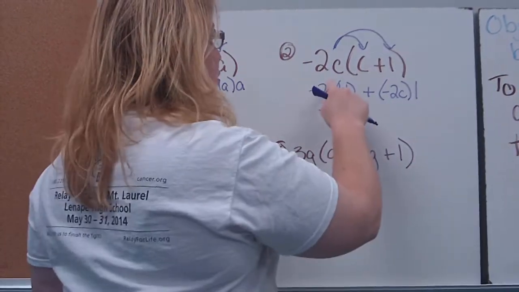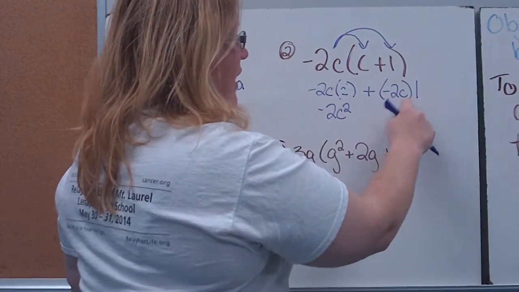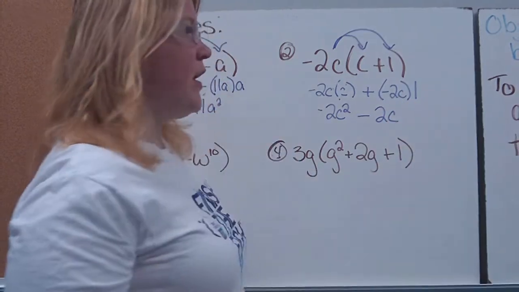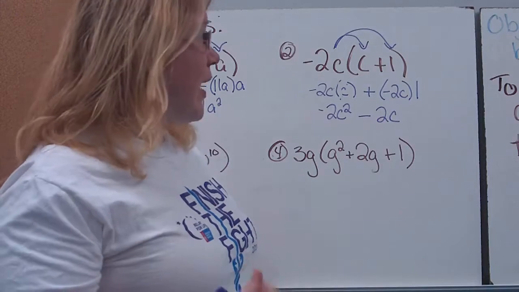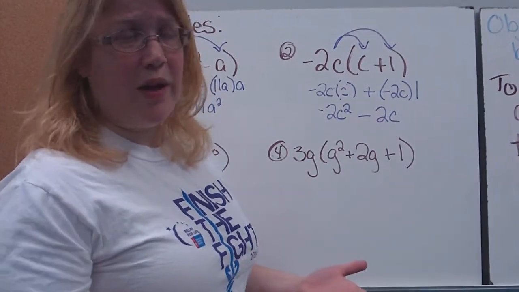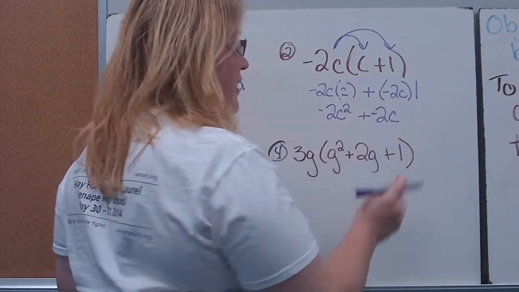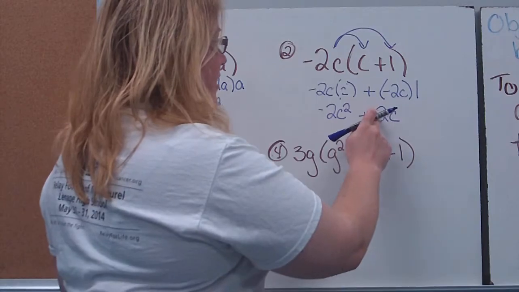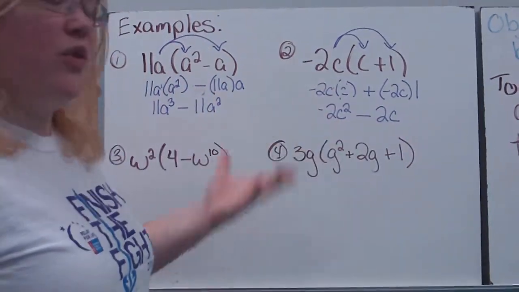I don't write them, you just need to know that they're there. All right? Anything times 1 is itself, so I'm going to wind up with negative 2c. You'll notice I took out the plus. Plus and negative is the same as minus, so I don't write it that way. If it's easier for you to write plus and negative, if that keeps it a little straighter in your head, you're welcome to, but it's not necessary. Okay? And again, we can't combine those, so we're done.